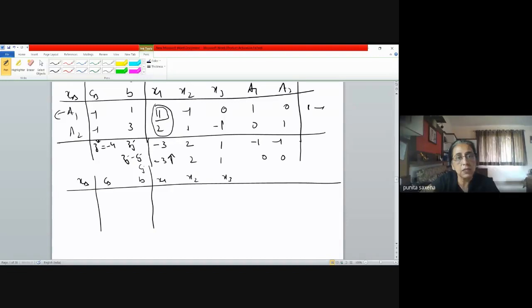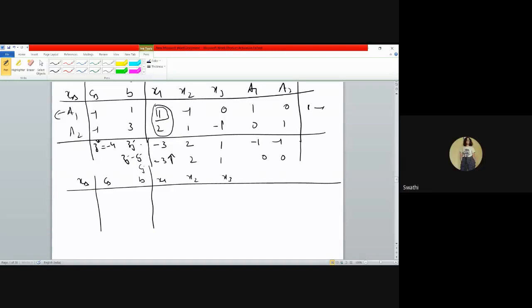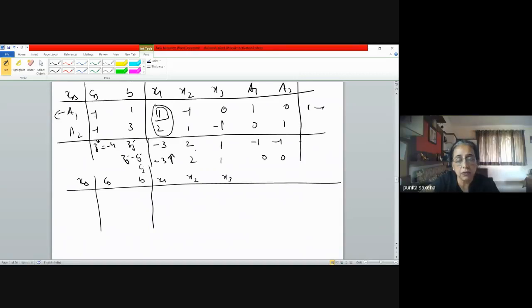Both are negative, so they will be 1 and 1 minus 1. Okay, yeah. So x1, x2, x3, a1 and a2. So your basic variables are now x1 and a2, which is 0, minus 1.